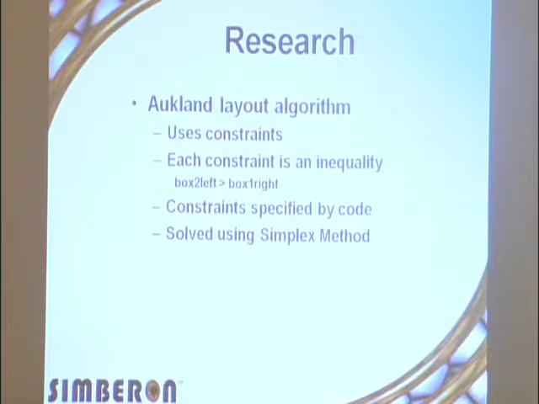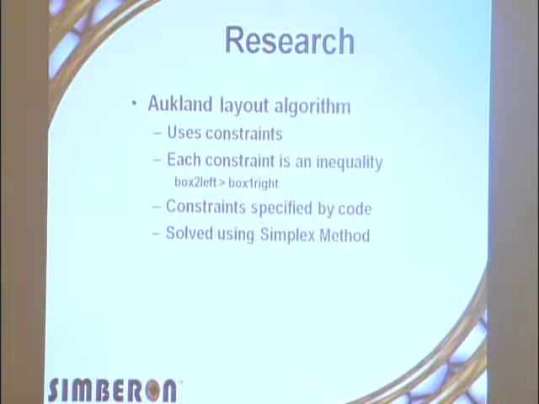If you do a little bit of research, you'll find that there are some layout algorithms out there. One common one is called Auckland. When I saw this, I thought, wow, that's really cool. They use constraints. So basically, they would have inequalities that they would specify for all of the edges of all of the controls. So for instance, I want the right side of this control to be greater than the left side of that control.